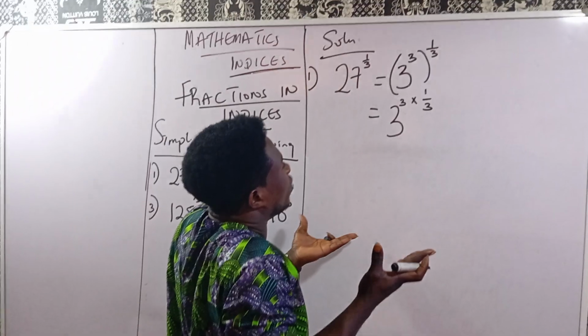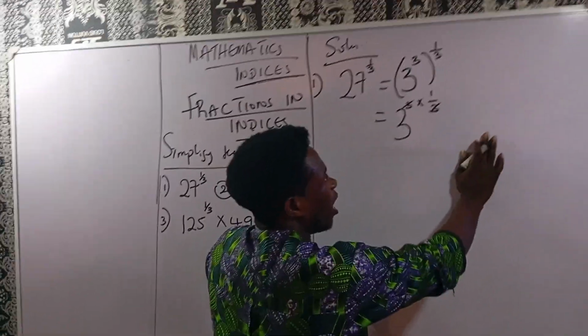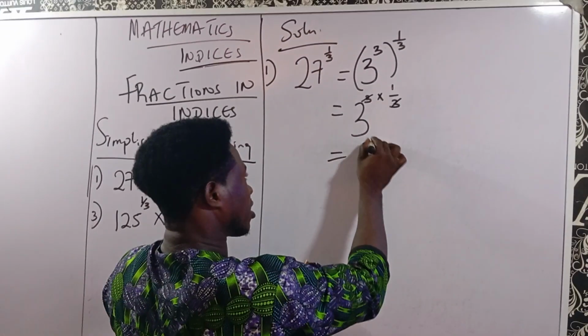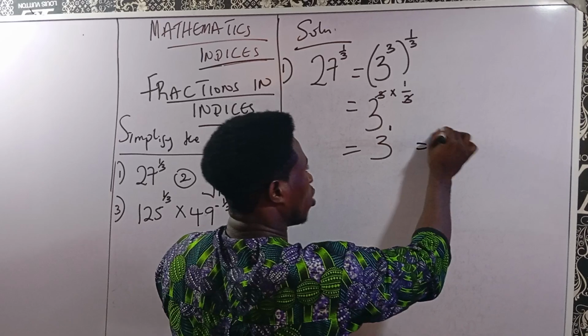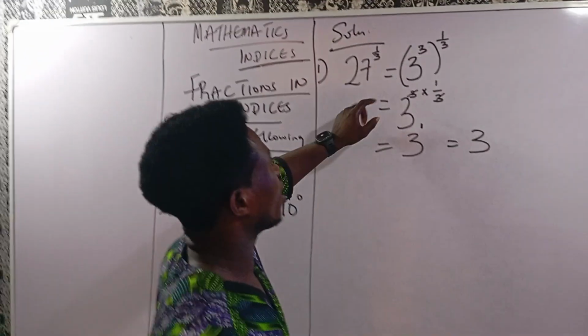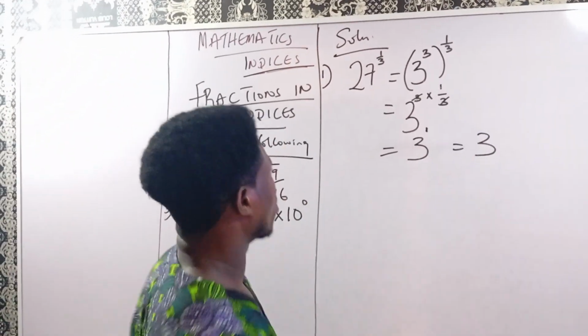For us to solve this, simple: this cancels this out. When this cancels this out, the only thing remaining is 3 raised to power 1, which is equal to 3. If you want to test, press cube root of 27 in your calculator, it will still give you 3. That is how we got it.